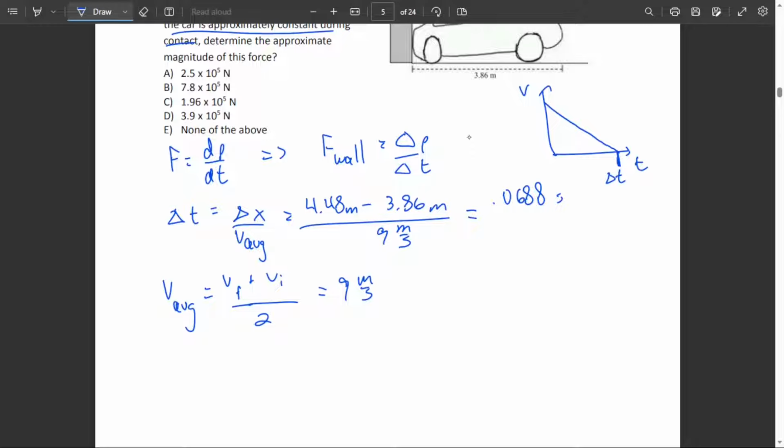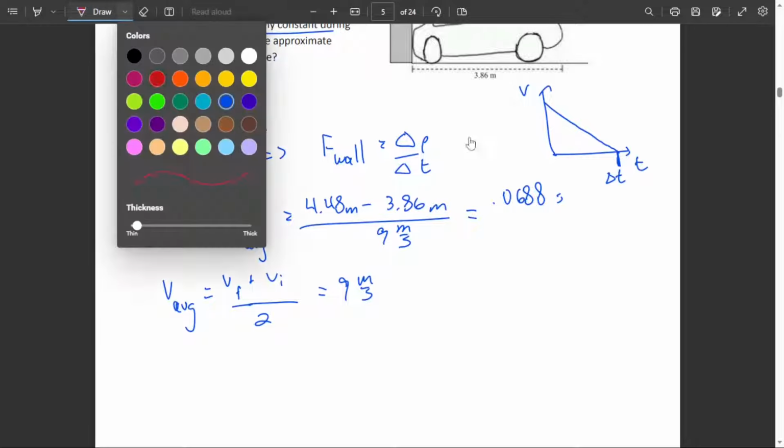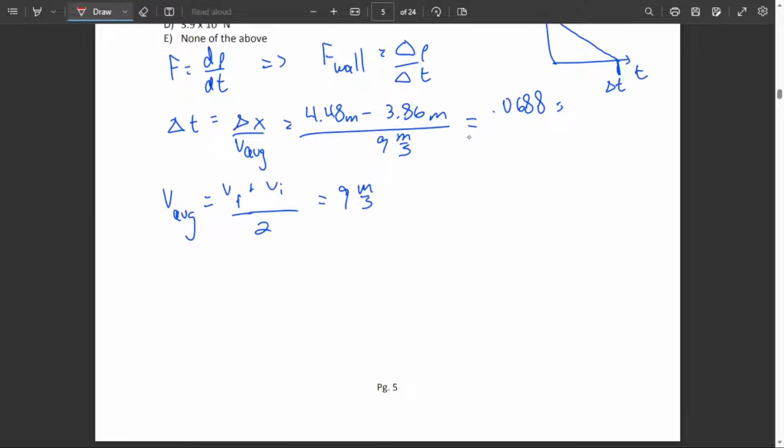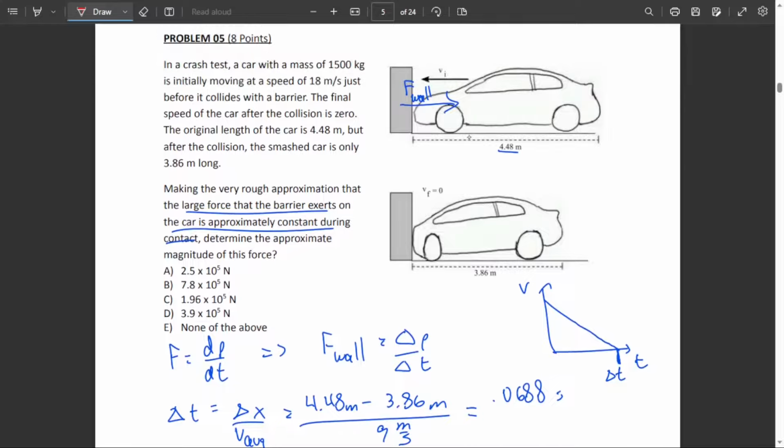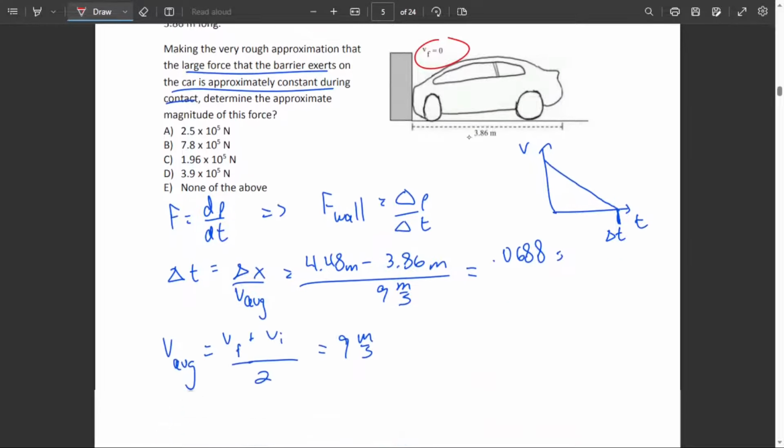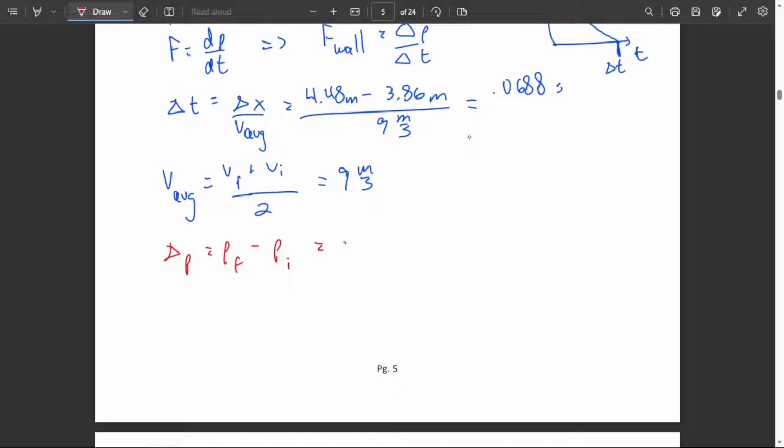Alright, so now that we have our change in time, let's calculate change in momentum. That is the final momentum minus the initial momentum. Final momentum is 0 because the car is not moving after the collision.